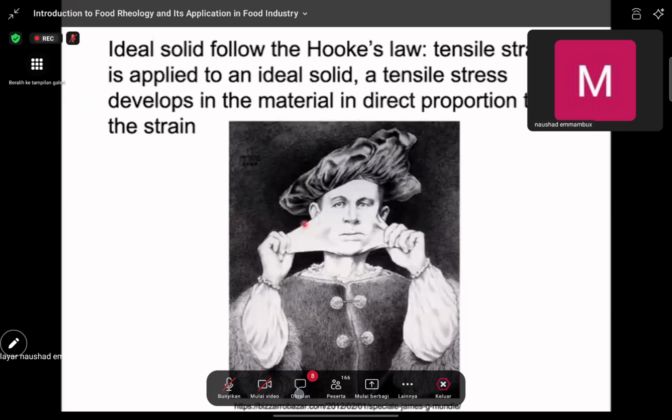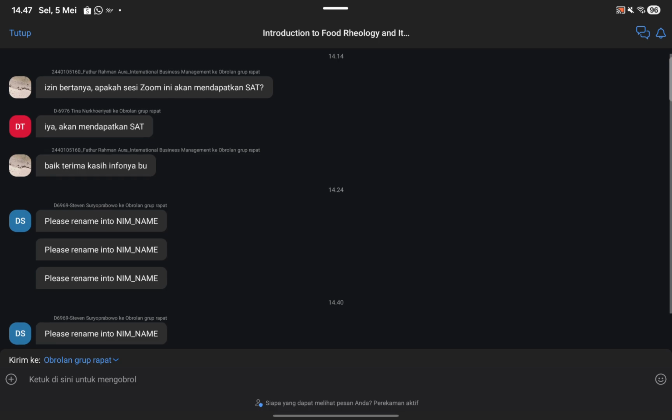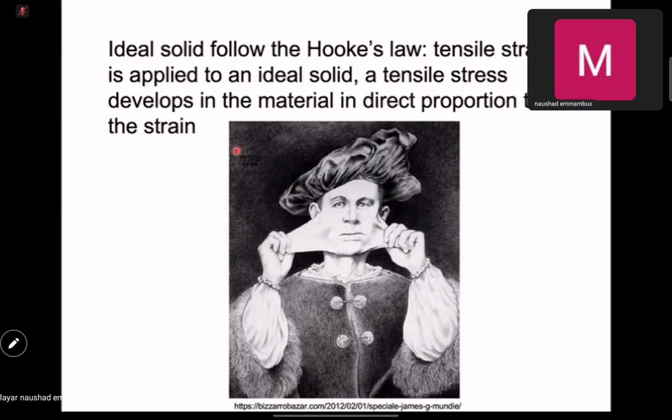This picture here is about skin. Our skin can be seen as quite an elastic material, and with time the elasticity changes also.